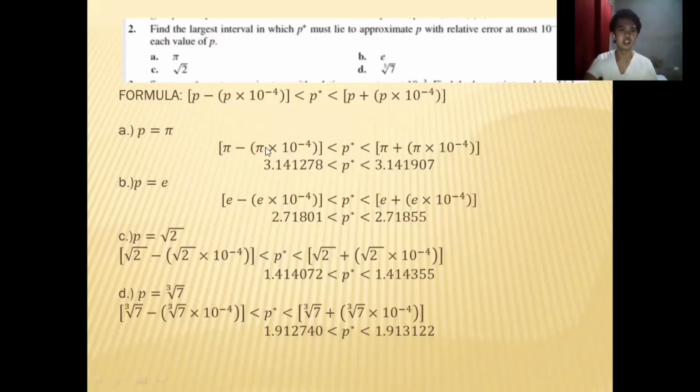For pi minus pi times 10 raised to negative 4, using a calculator, we get 3.141278, and for pi plus pi times 10 raised to negative 4, we get 3.141907.